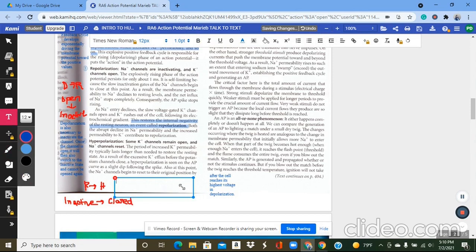Okay. So from this phase, the channel will actually not switch back to the closed state until the membrane has repolarized. So if it has gone back towards the original resting membrane potential.